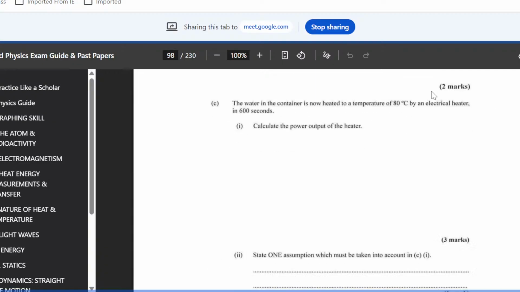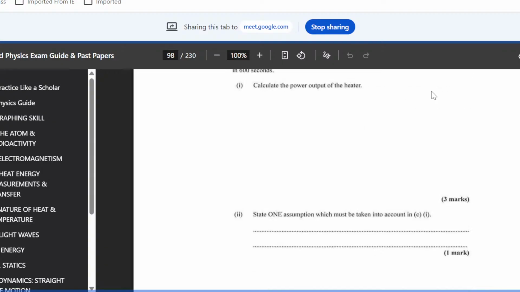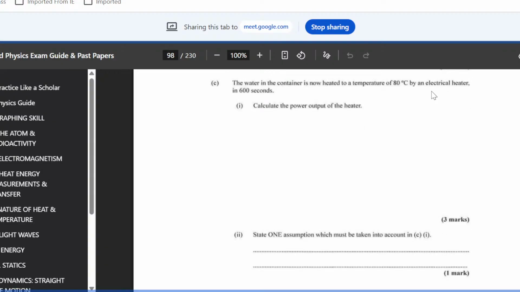So it's water, not ice. And then delta T would just be 80, or 80 minus 0, right? So that is what you would do. Alright, you get your 3 marks.